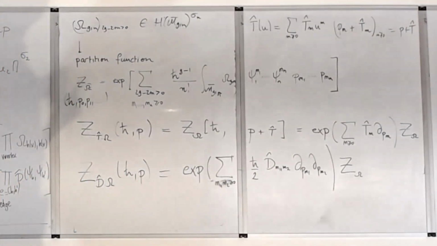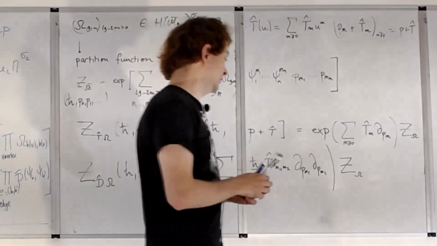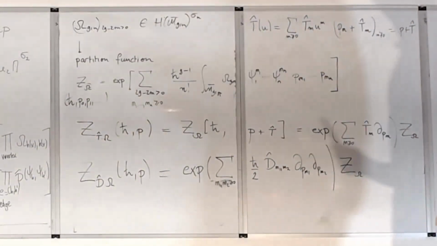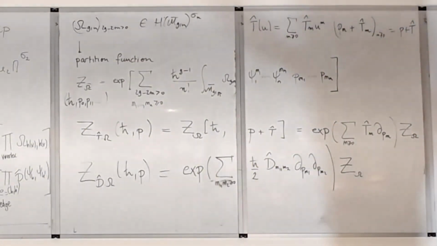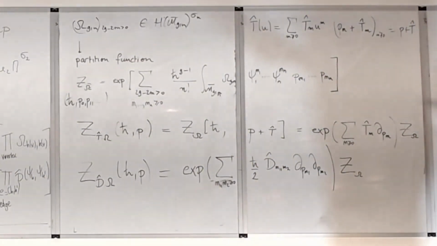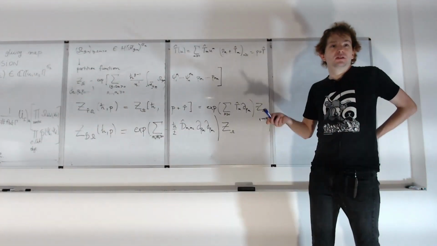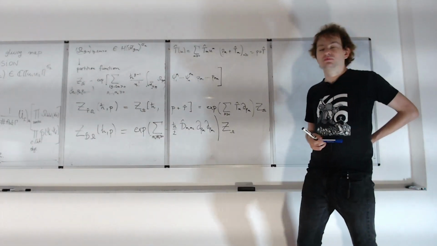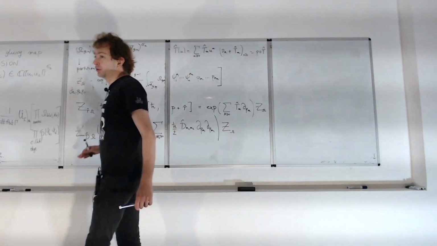In fact, if we wanted, we could go further and apply higher order operators. You would be able to describe it as well. But these are, I would say, the most important ones.